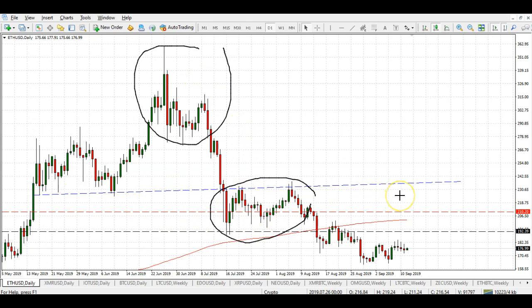The neckline is the star of the pattern. If you got it right, then in most cases you'll see price paying a lot of respect to that neckline. And from which direction it's coming from, and if the neckline pushes back, then you can get an indication of where price might be heading.